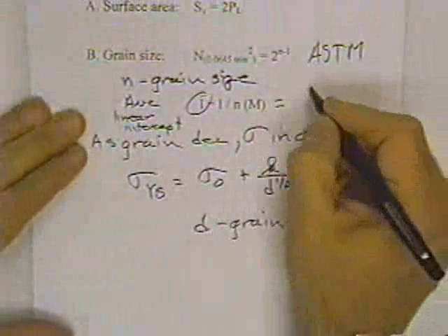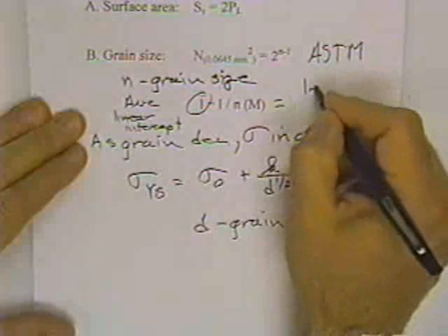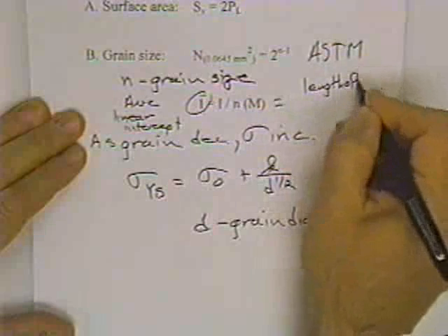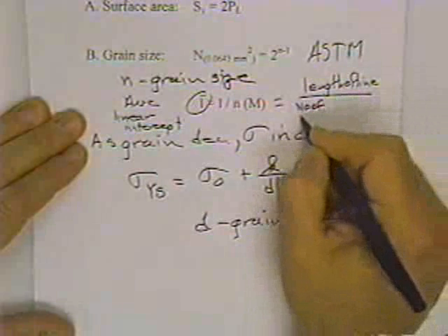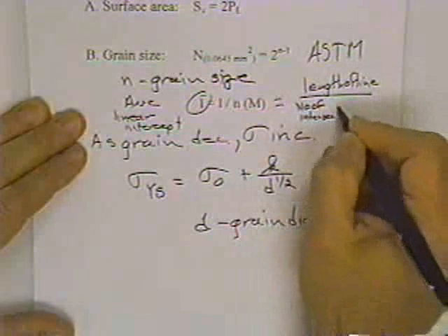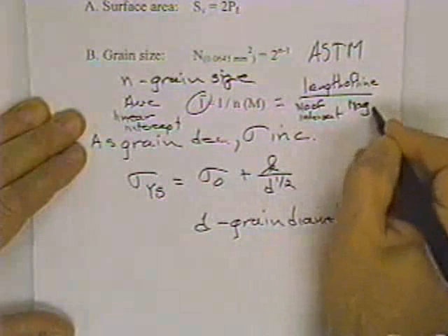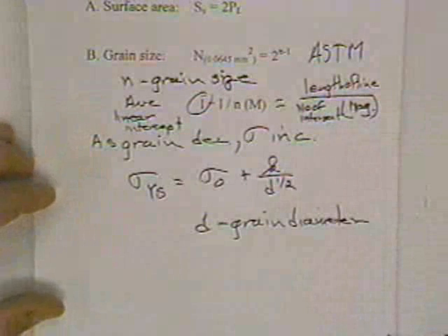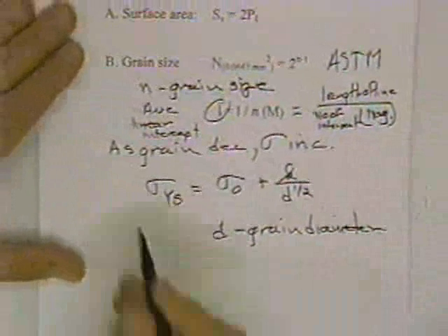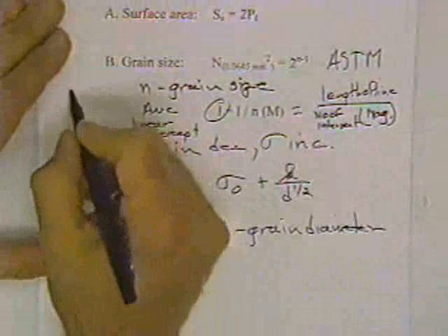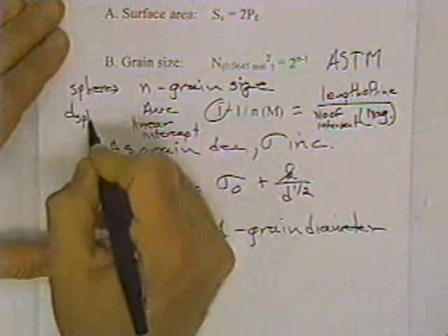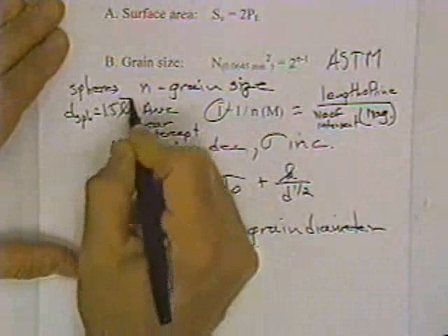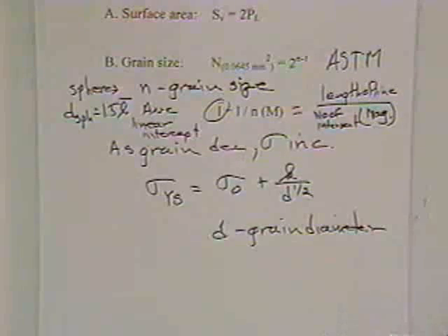The way this works is you have a length of line divided by number of intersections, divided by the magnification, and that gives you an average linear intercept. And if you assume that you have spheres, the D for spheres is equal to 1.5 L bar. So you can actually get a grain diameter from that grain size.